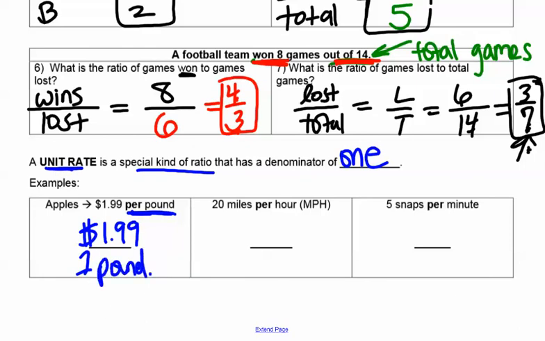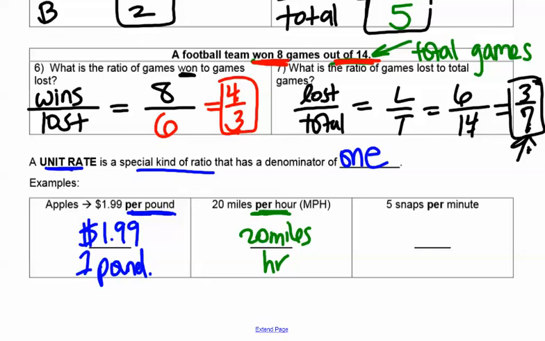Okay? So, per pound means per 1. All right, 20 miles per hour. That's 20 miles per hour. It's technically per 1 hour, but if we just say per hour, we know that it's per 1 hour. Again, we have a denominator of 1.